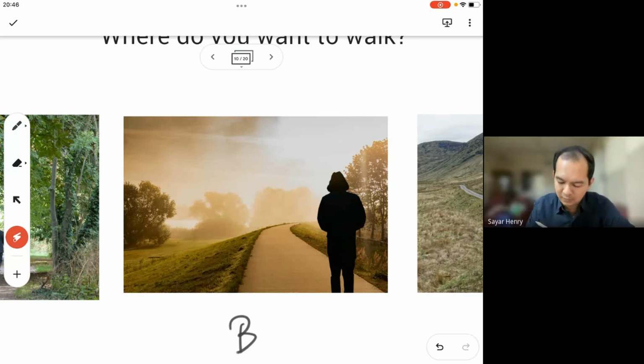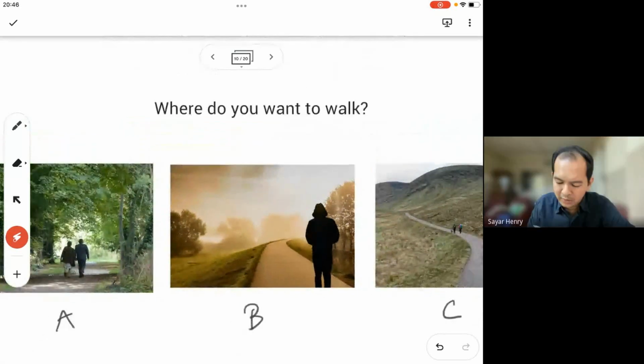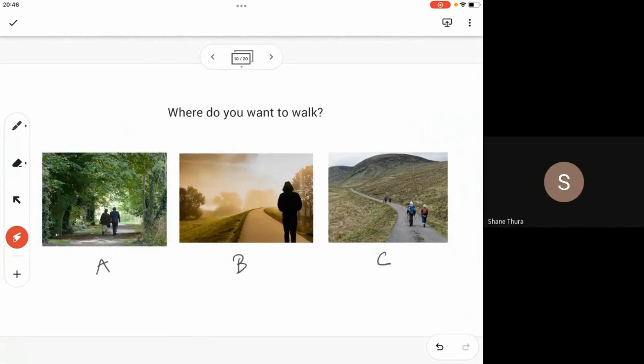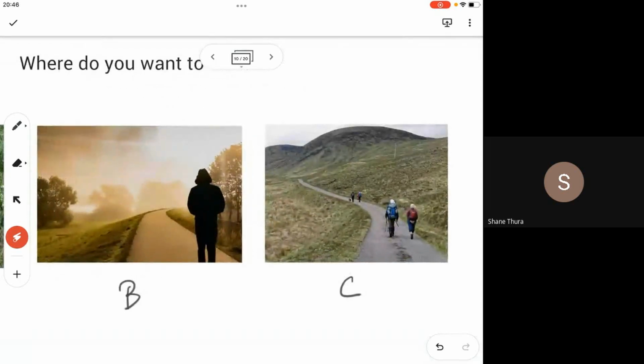Okay. What about the other two places? Yeah. For picture C, there are no trees. It's a mountain area, but I don't like hiking because I have no experience, and I don't like the scenery because there are no trees.